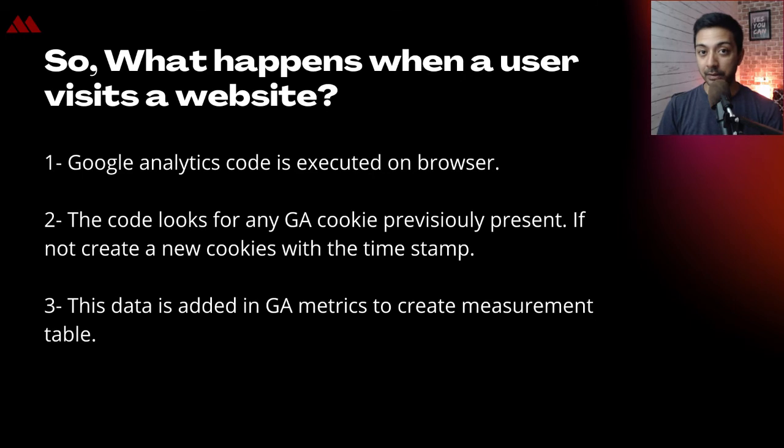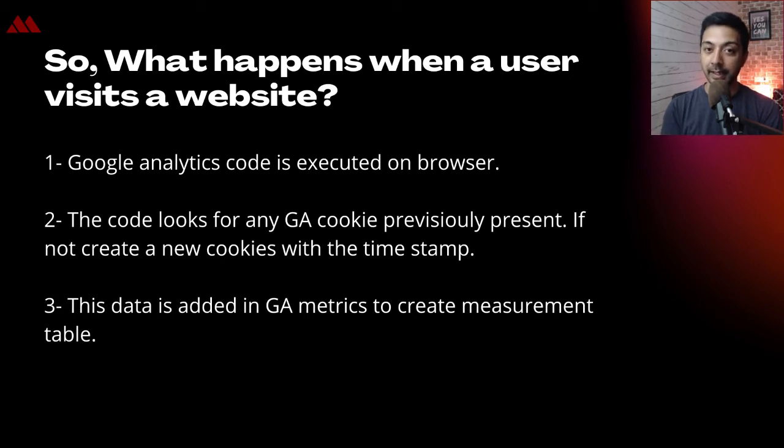So this is what happens when a user visits a website. As soon as you open up a website which has Google Analytics code set up in the backend, that's what we have done in the previous video, and we have also seen in the backend code that there is a Google Analytics tag added in the code. So whenever you visit a site which has Google Analytics on it, the Google Analytics code gets executed, and then it will check if there is any past cookie saved in the browser.